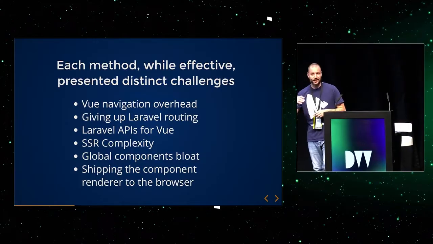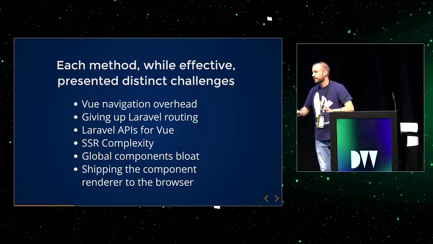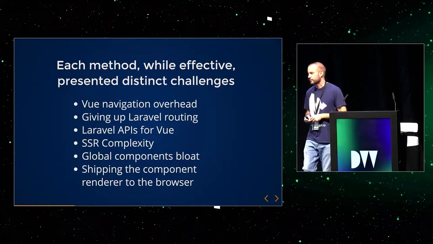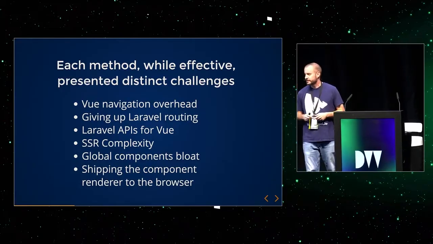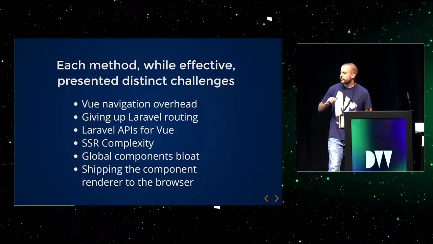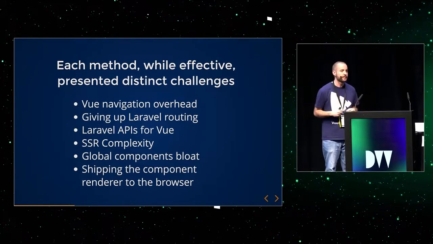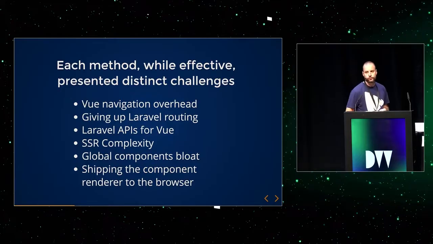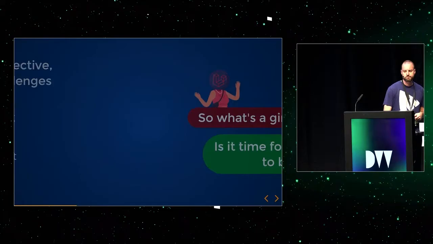With global components in that last approach, you would basically have to load up all your Vue components and send them all to the browser at once, whether they were actually being used on the page or not. And with that last option, we also had to ship the template renderer to the browser because we're writing all of our Vue code directly in the Blade templates. That's overhead our users shouldn't have to download.